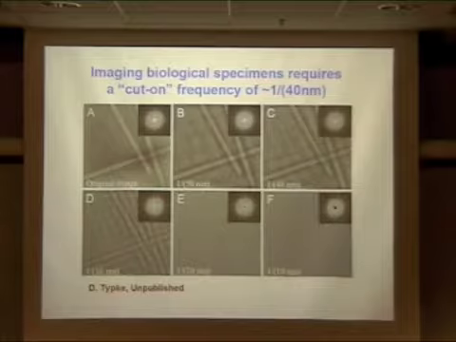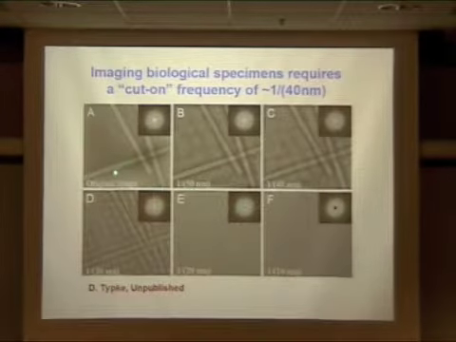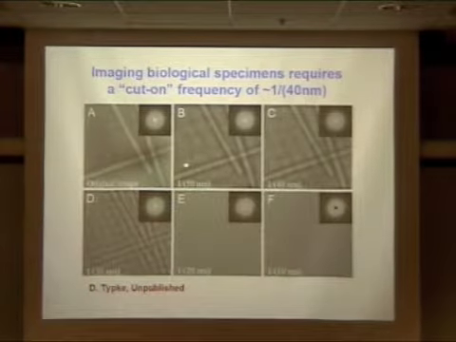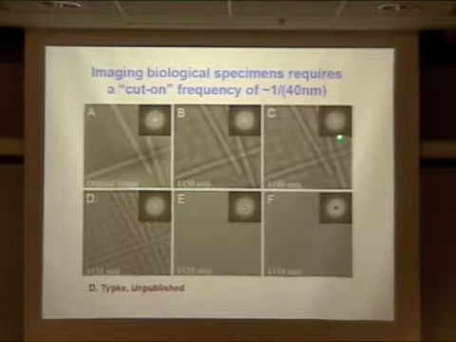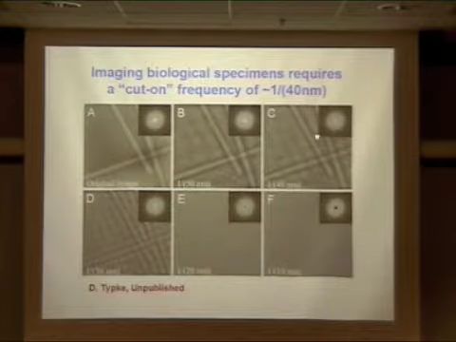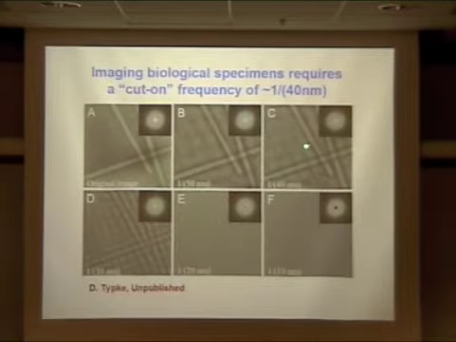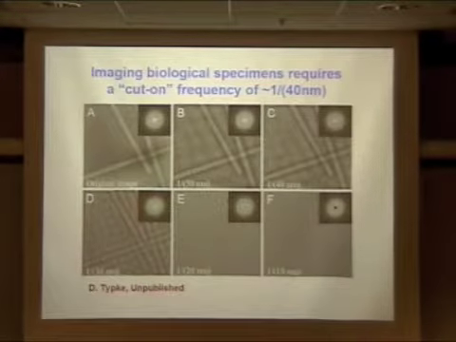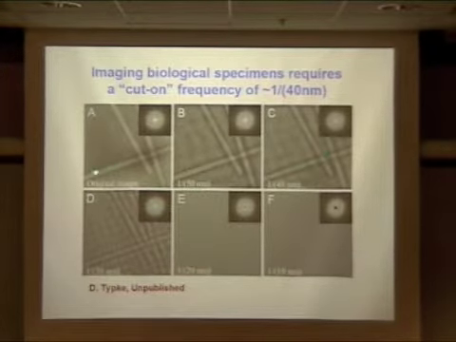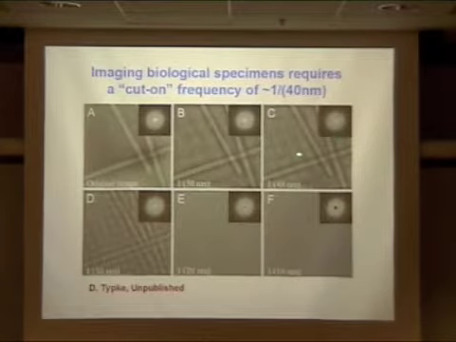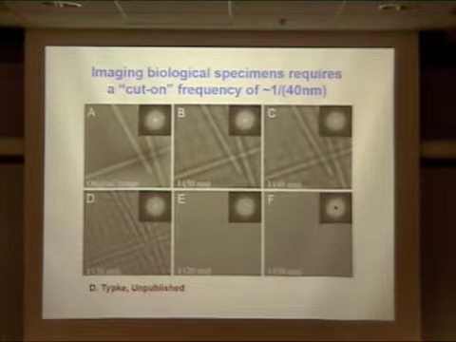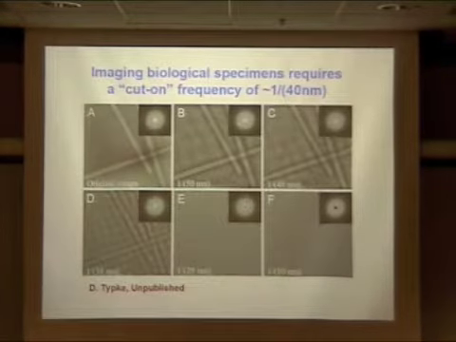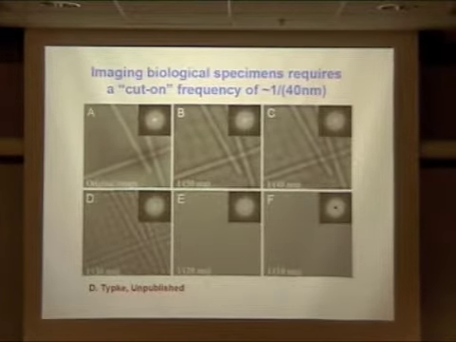And for TMV, which has a diameter of something like 200 angstroms, if the cut-on is the frequency where you first transmit information and allow contrast to be produced in the image, if that cut-on is 1 over 400 angstroms, it's pretty similar to this. You see the ripples I was talking about, an enhanced halo at the edge, and so forth. And that all gets worse the more you push that cut-on to higher and higher resolution.